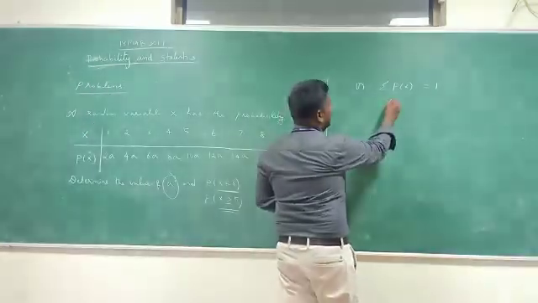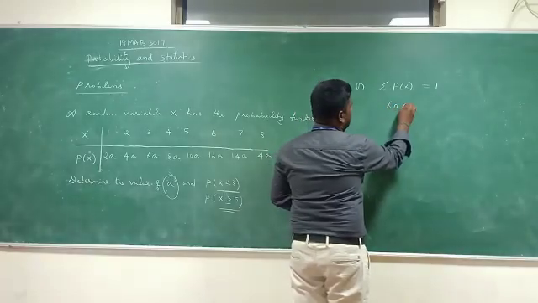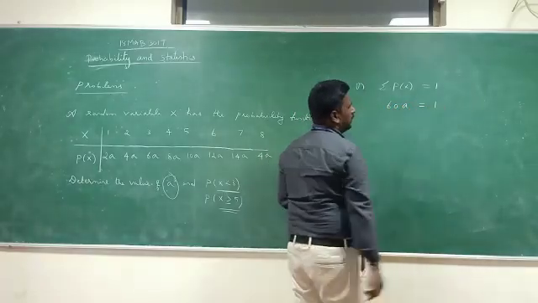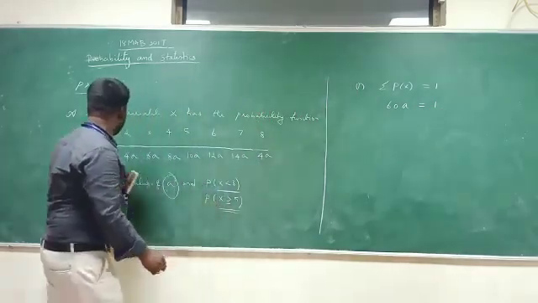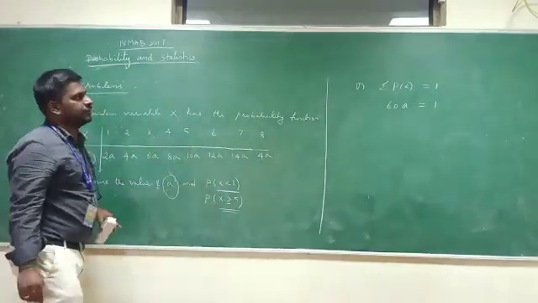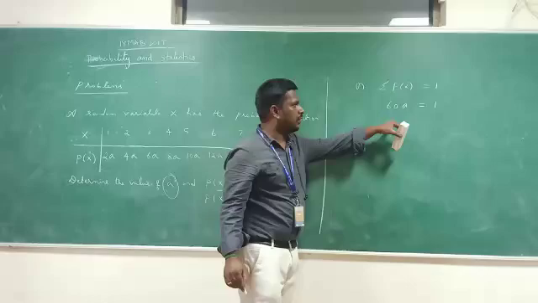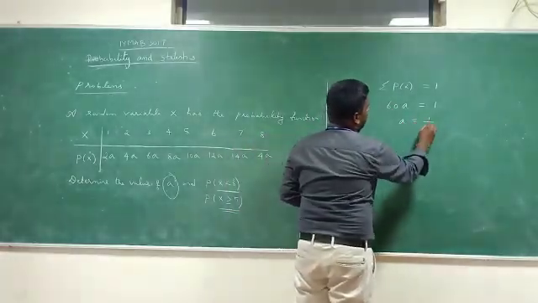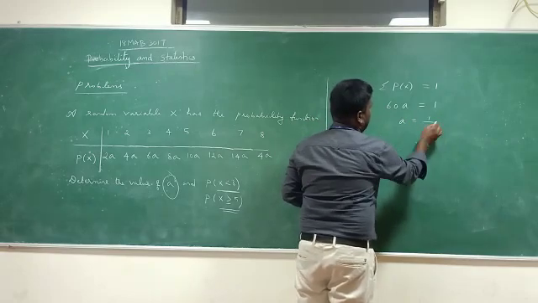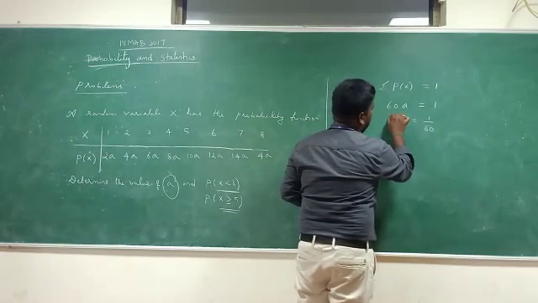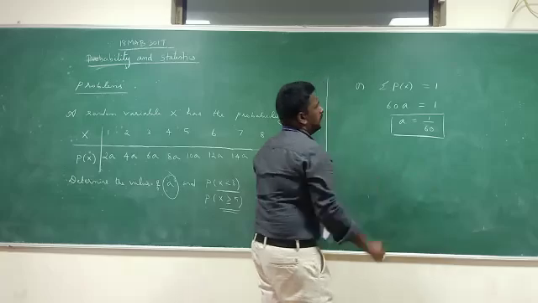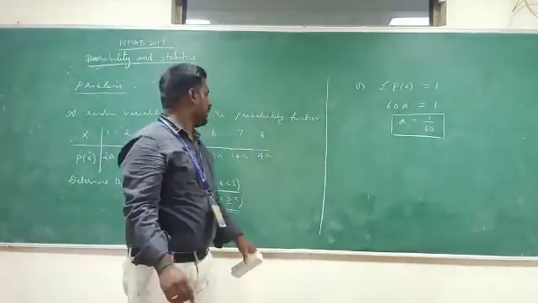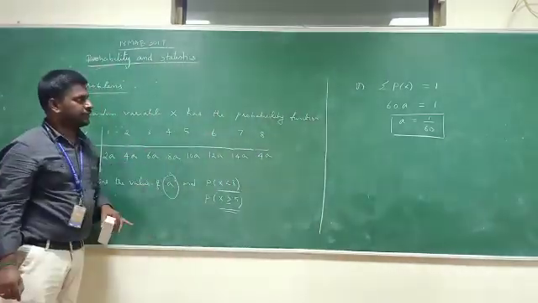So your sum of all the probability values becomes 60 times A is equal to 1. So now you will get the value A equal to 1 by 60. So this is your value of A in this case.